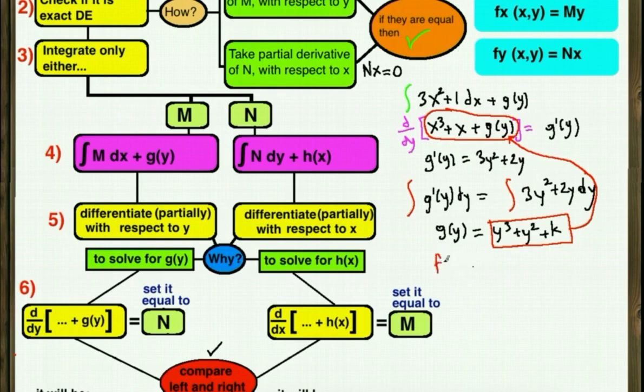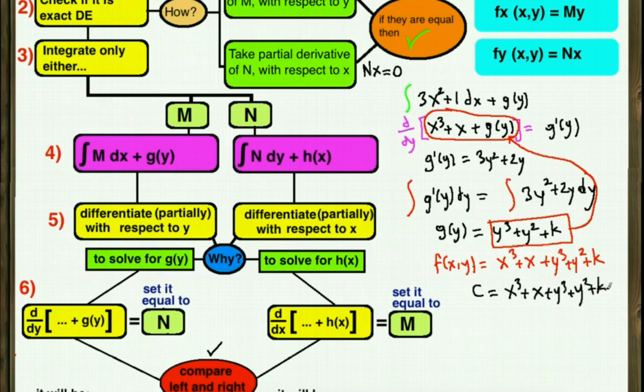So our f of x, y is equal to x cubed plus x plus, instead of g of y, we're going to write y cubed plus y squared plus k. Now we're going to substitute f of x, y with c. C equals x cubed plus x plus y cubed plus y squared plus k.